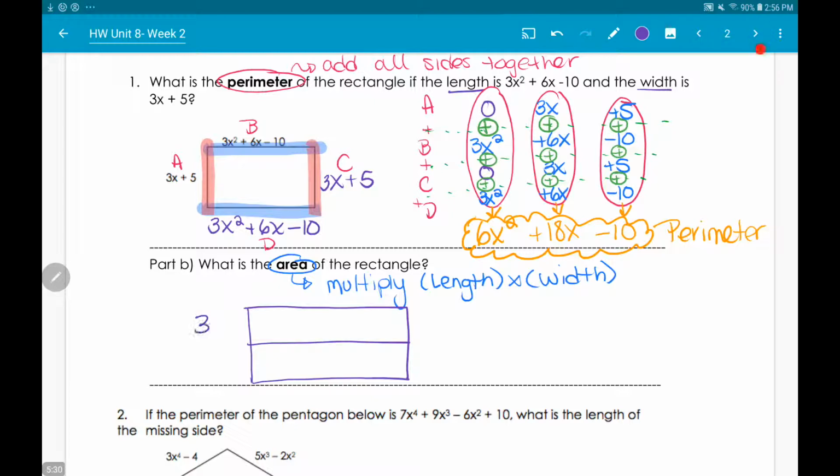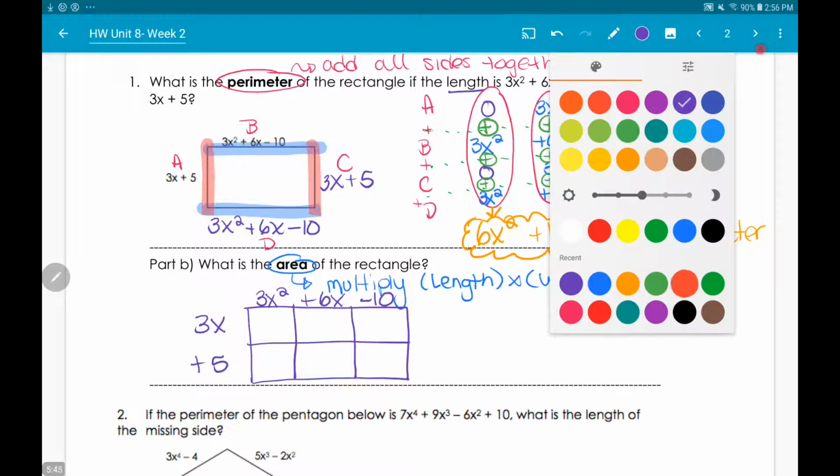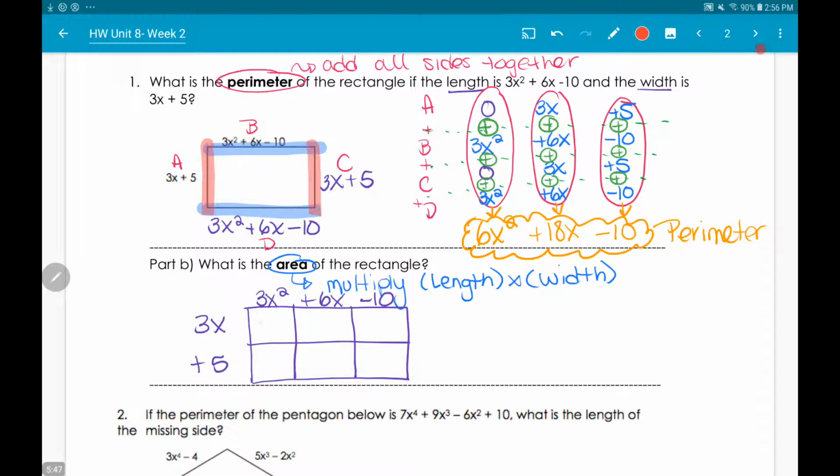And side A is 3x plus 5. Side B is 3x squared plus 6x minus 10. So I only need two things for area, but when I'm doing perimeter, I need as many sides as they have. All right, and now we're going to go ahead and multiply.